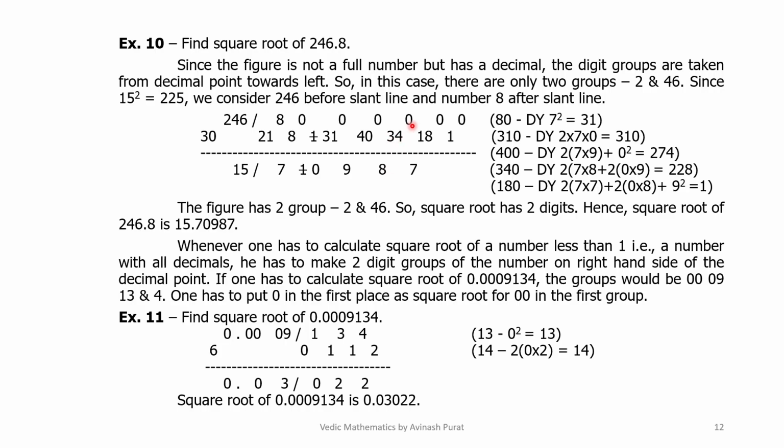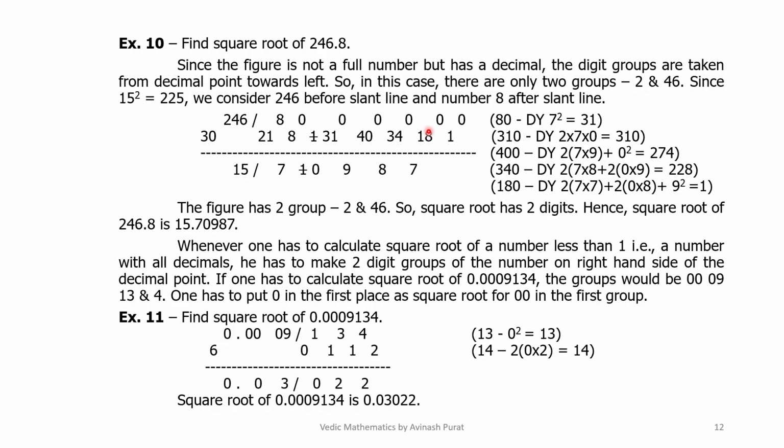Now 340 is next dividend, minus 2 into 7 into 8 plus 2 into 0 into 9, that is 56 into 2, 112. 340 minus 112 is 228, divided by 30, we get 7 as quotient, and 18 is the remainder.